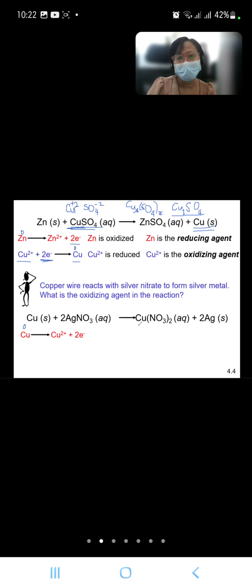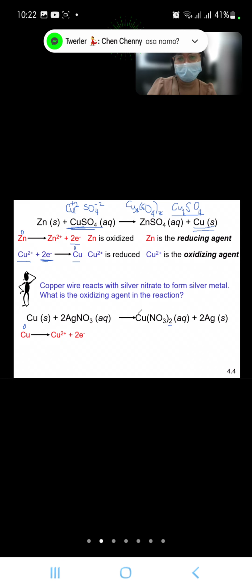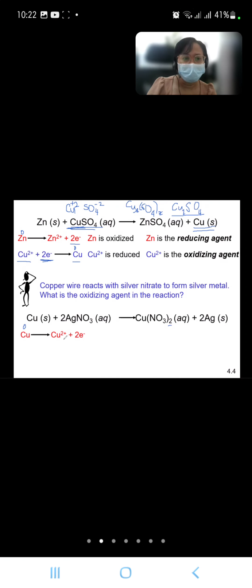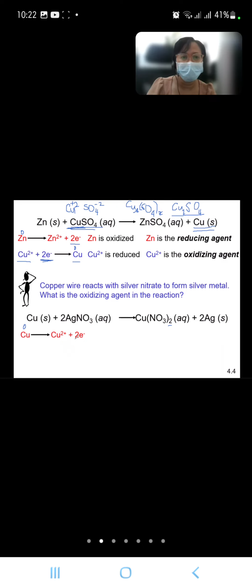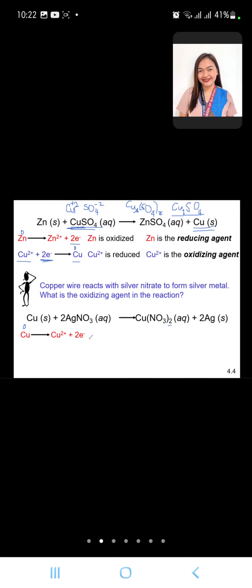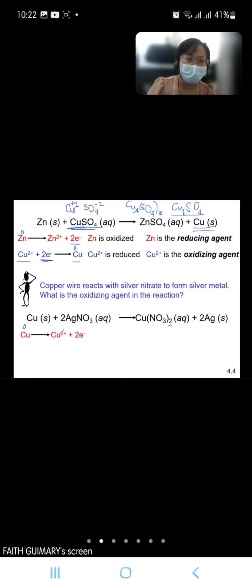And here, based on the formula, copper is positive 2 because the subscript of nitrate is 2, which means that this is the magnitude of the charge of copper. So copper here is positive 2. Okay, so Cu plus 2, or Cu positive 2 plus 2 electrons. Copper 2 ion.